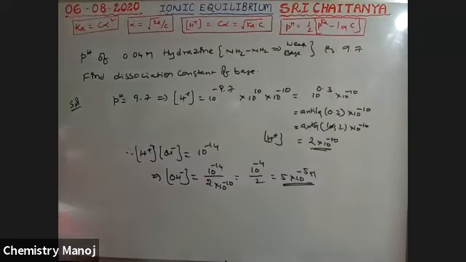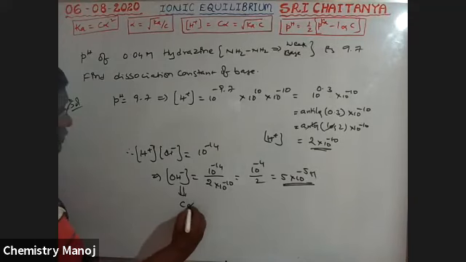So from this, OH minus concentration is equal to C alpha.